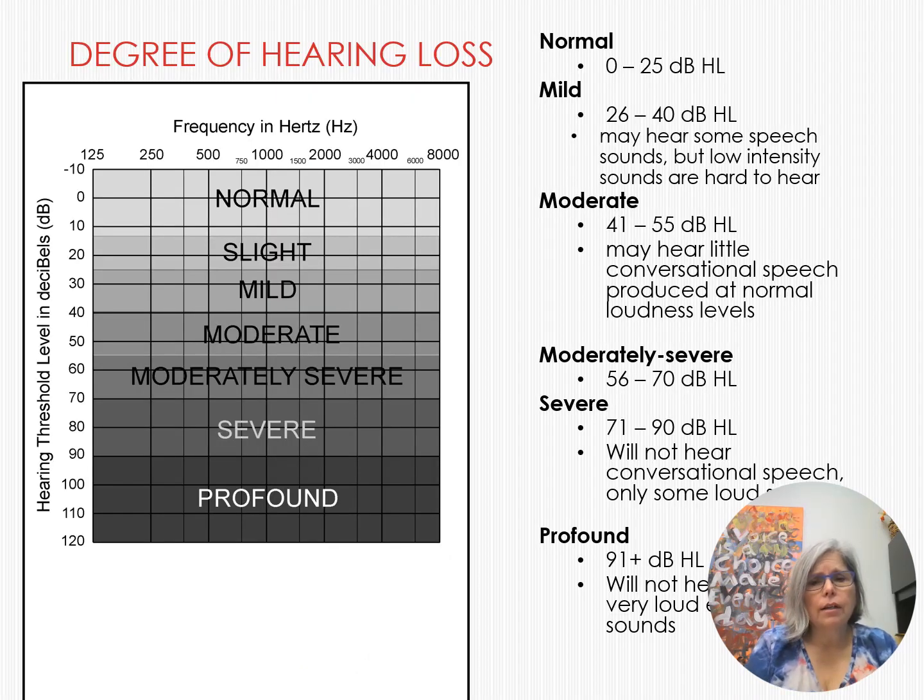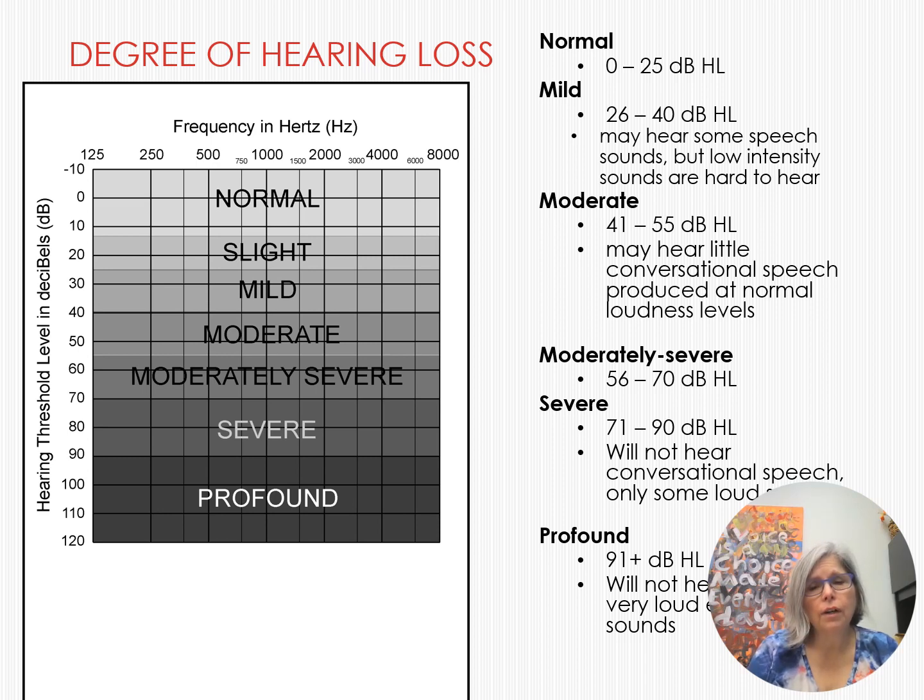On this slide, I have just designated ranges for different levels of hearing loss, how we classify hearing loss. On the left, you see that in the form of the audiogram with shading to indicate what range that level of hearing loss is going to be seen on the audiogram.